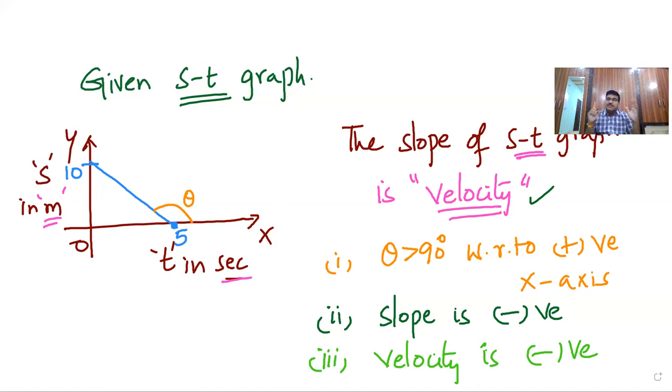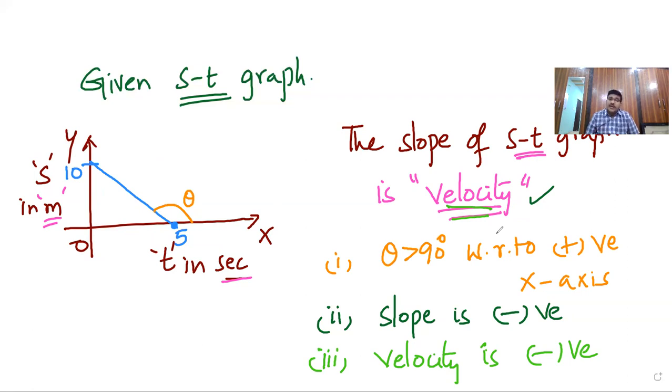So given is a displacement time graph. It is a straight line falling down. What does the slope of the displacement time graph give? It gives velocity. Clear? Now observe, the line is making a theta angle with respect to the positive x-axis, more than 90.